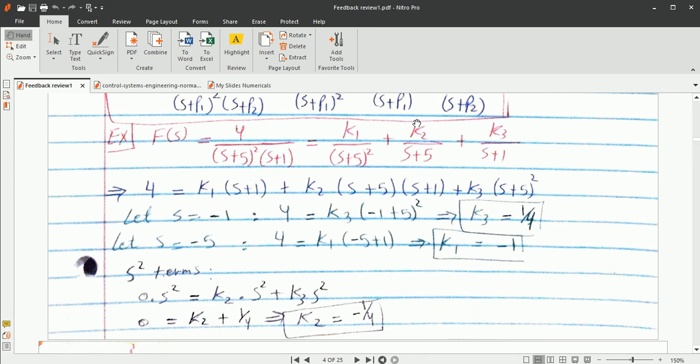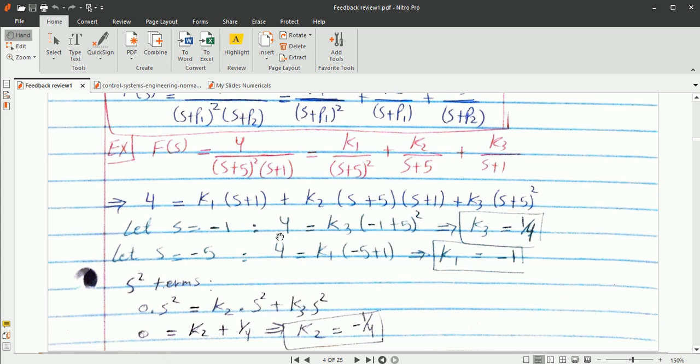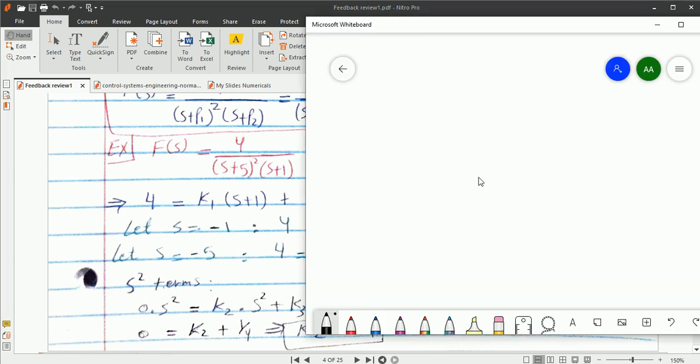So for that, put the values of k1 and k3 here: k1 is minus 1 and k3 is 1 over 4, and then multiply it. You can also do it in a simple way by comparing the s square terms. You will have terms like s square plus something, s plus this, equal to something. So you have to compare both of these.